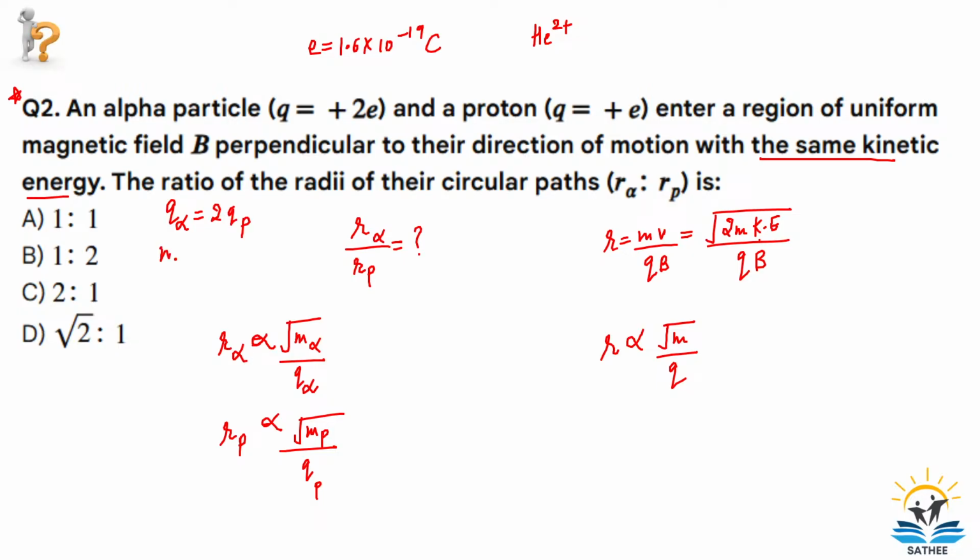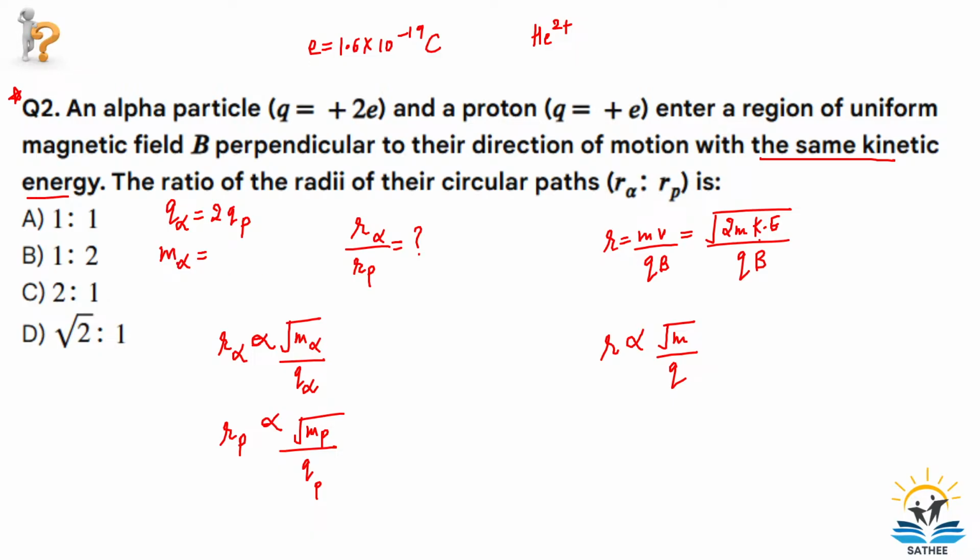And mass. What is the relation between the mass of alpha particle and the mass of proton? The mass of alpha particle is how many times the mass of proton? The mass of helium nucleus is how many times the mass of proton? Anyone? There are 2 protons and 2 neutrons in the helium nucleus.